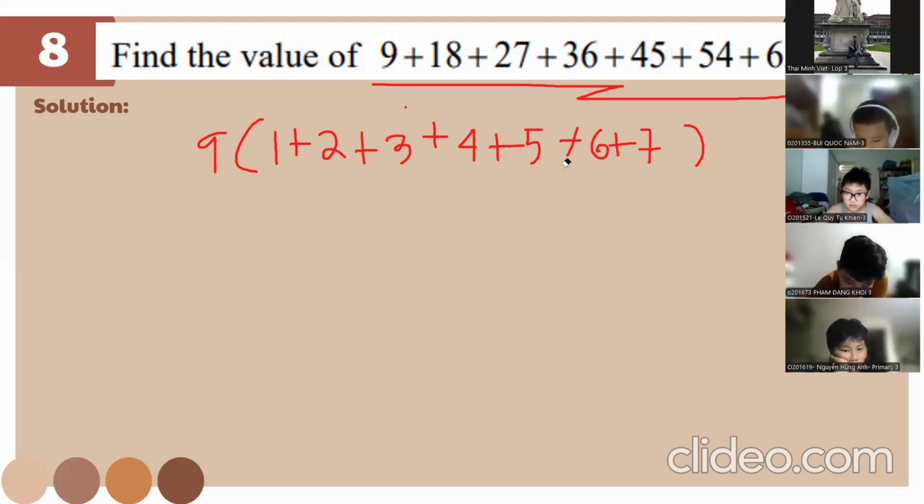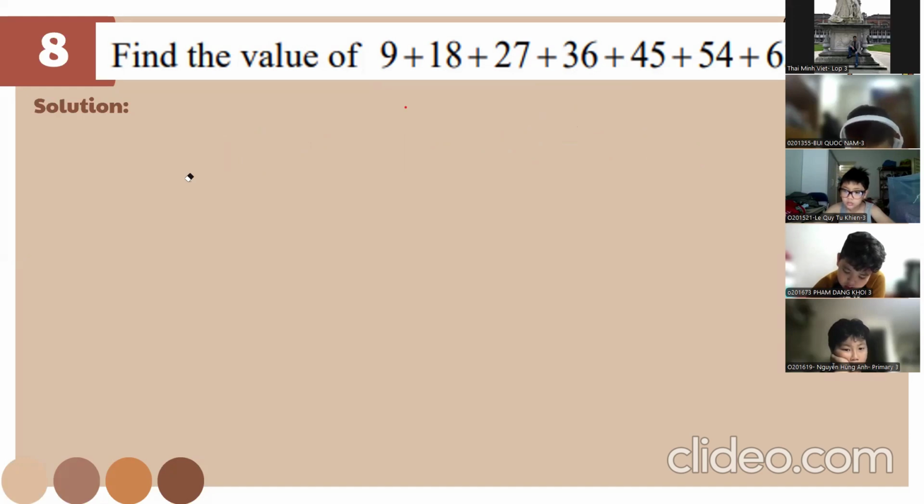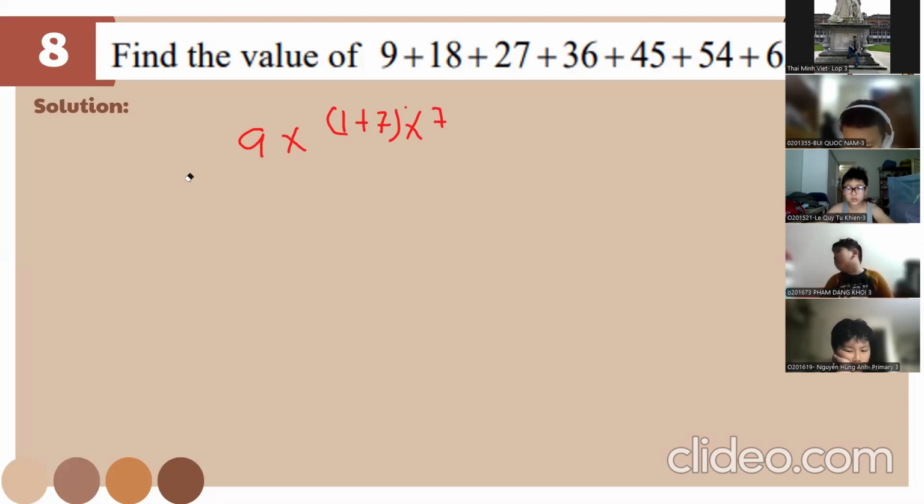Okay. So for this one, class, I'll just add them right away. So, okay. So we have here 9 times 1 plus 7 times 7 over 2. So we'll have 9 times 28 rather.